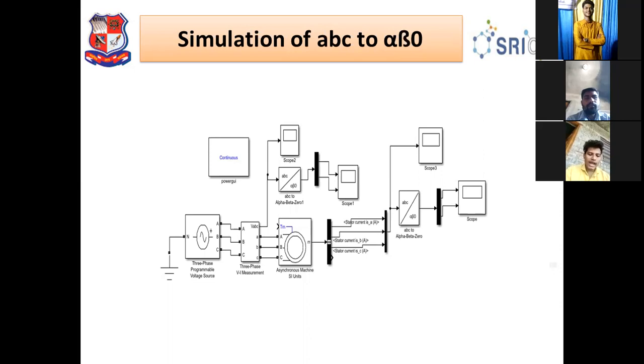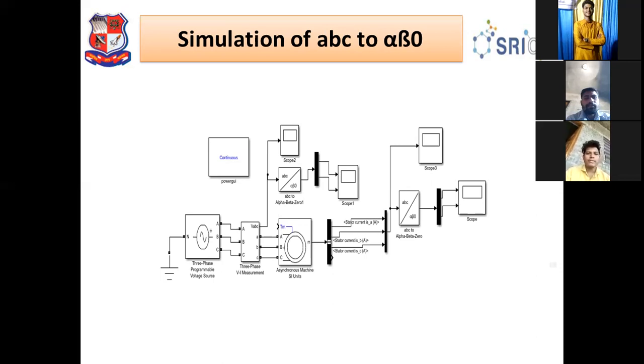By using Clarke and Park transformation, ABC is converted to alpha beta 0 and the signal is shown in scope 1. Then the three-phase induction motor parameters are measured and shown in scope 3. Three-phase ABC is transformed into alpha beta 0 and then alpha beta 0 is transformed into DQ form, and the signal is displayed in the connected scope.